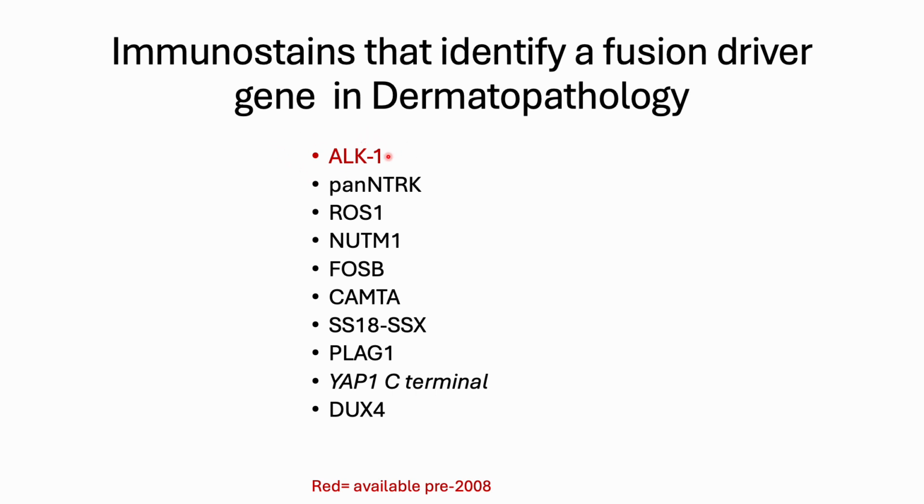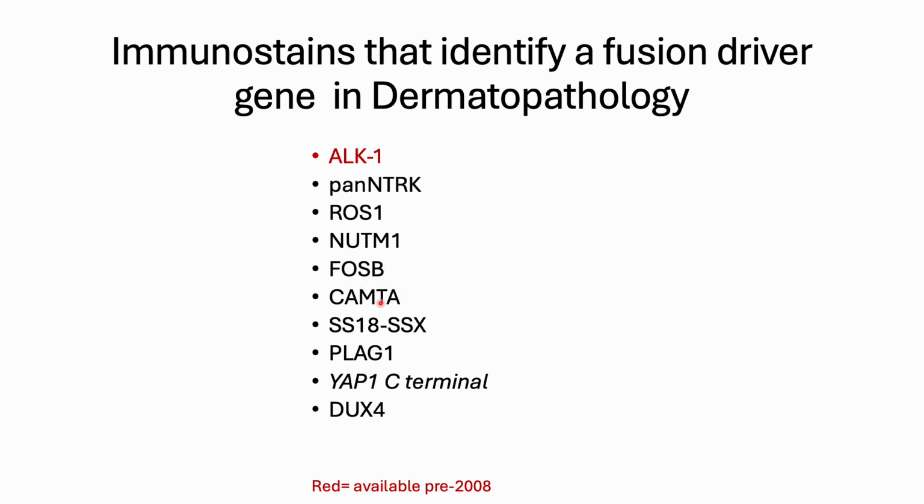See ALK1, we have soft tissue tumours, epithelioid fibrous histiocytomas, and systemic lymphomas, all diagnosable with ALK1. PAN-TRK is useful for soft tissue tumours and Spitz tumours, ROS1 for Spitz tumours, NUT-M1 for porocarcinoma. FOSB is useful for angiolymphoid hyperplasia with eosinophils.